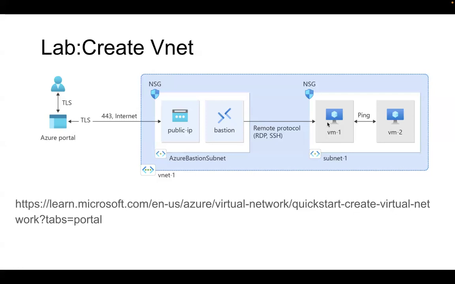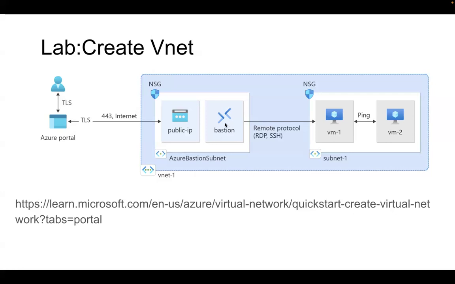I need to attach a public IP address to it, then log in using that public IP address. Similarly, I need to create one more public IP address for VM2, then use that second public IP address to connect to VM2. But instead of that, I can directly attach a Bastion to this subnet.